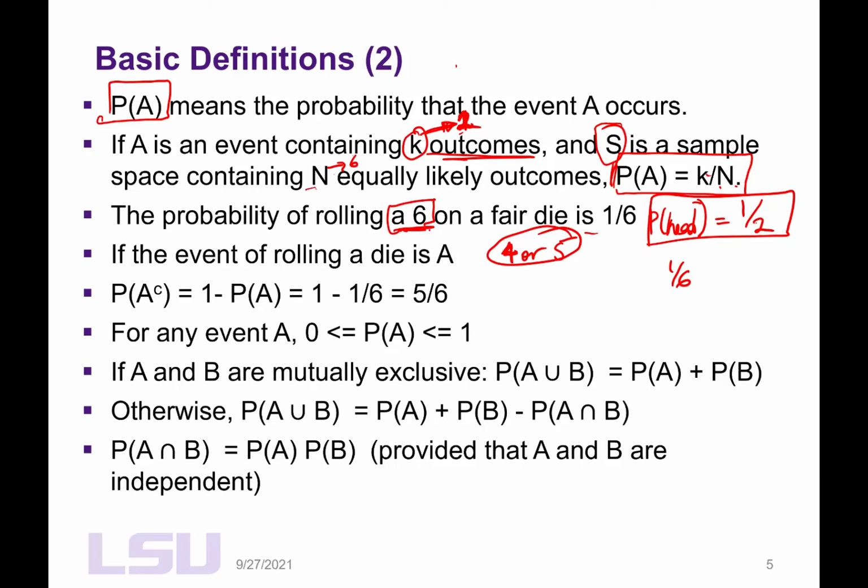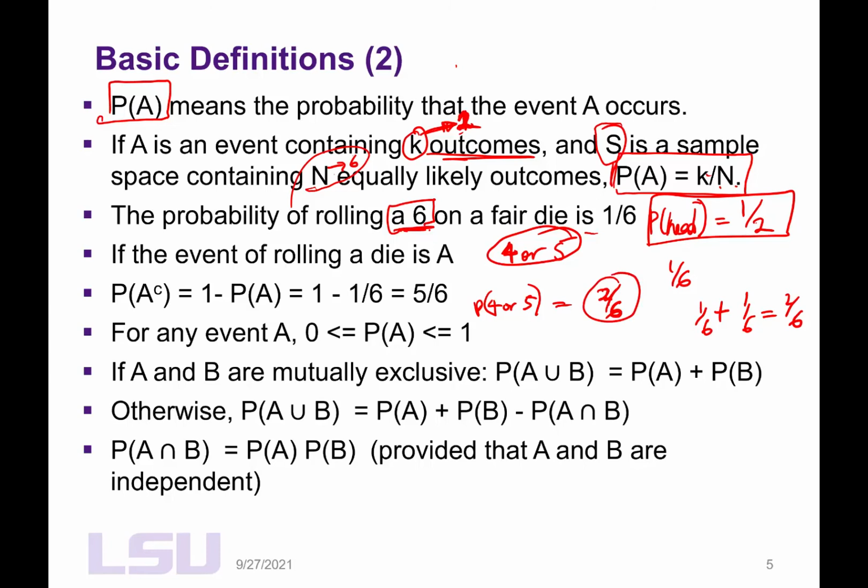And the number of outcomes in the sample space is still 6. So now it's 2 over 6. The probability of getting 4 or 5 is 2 over 6, which you can also calculate as the probability of getting a 4, which is 1 over 6, plus the probability of getting a 5, which is 1 over 6, which is also 2 over 6, and 2 over 6 is 1 over 3. Good.